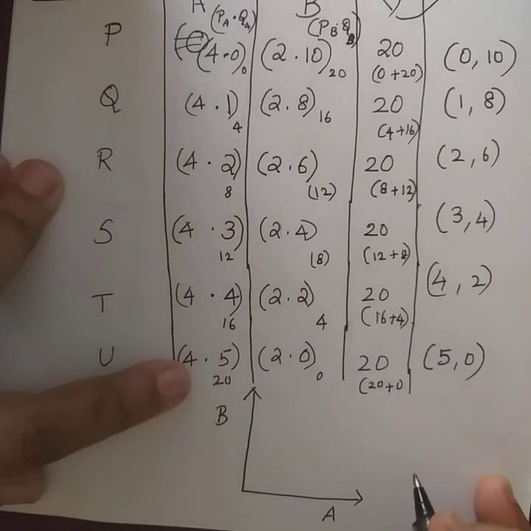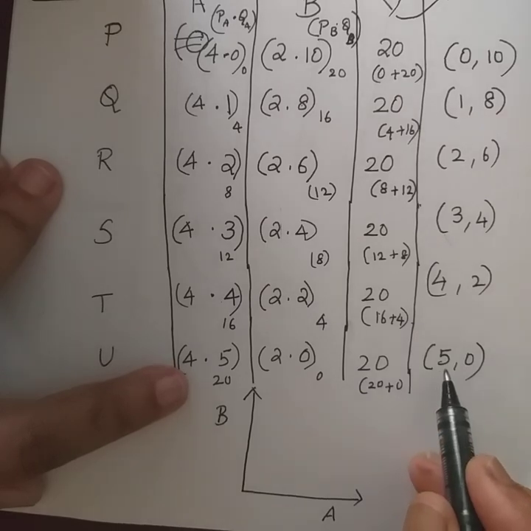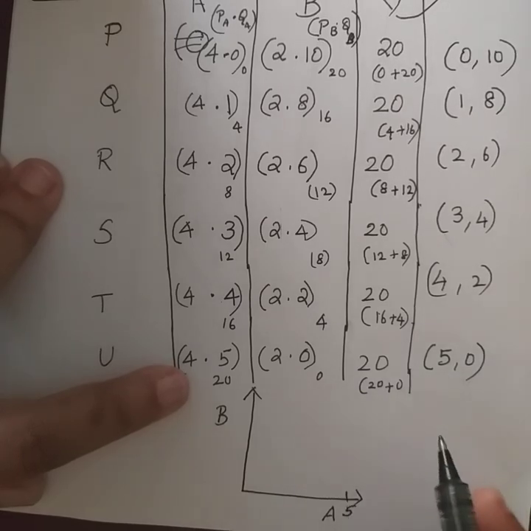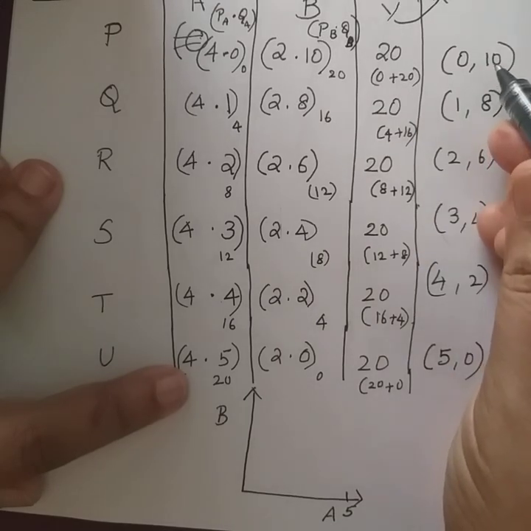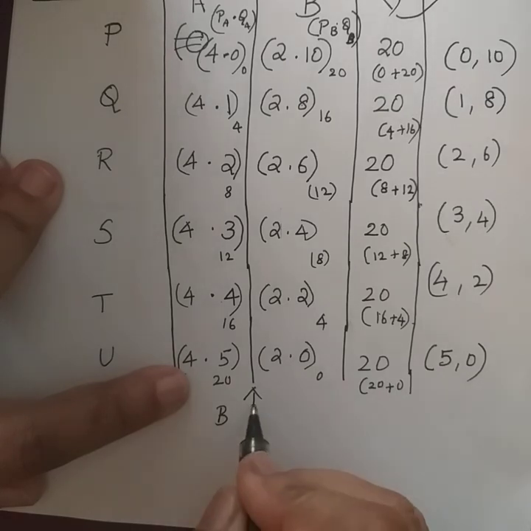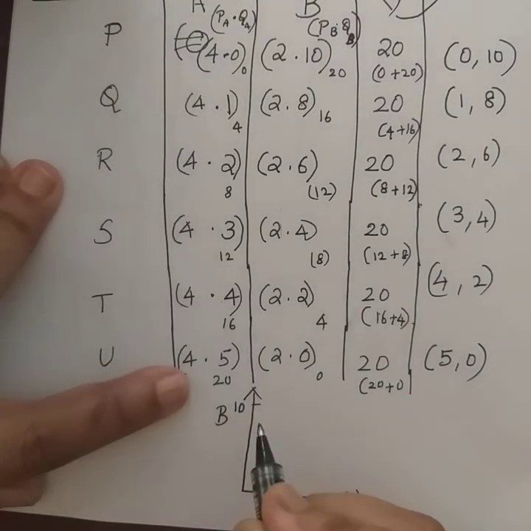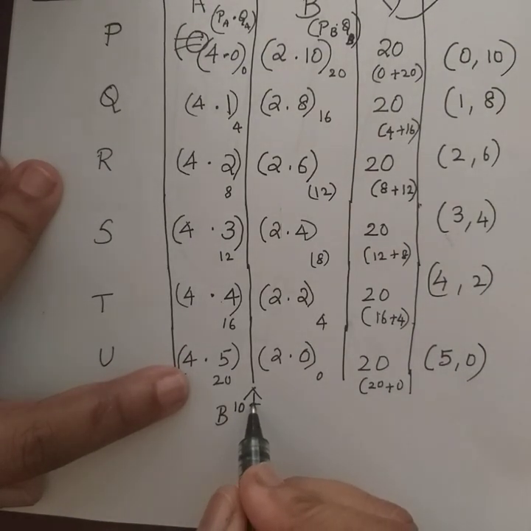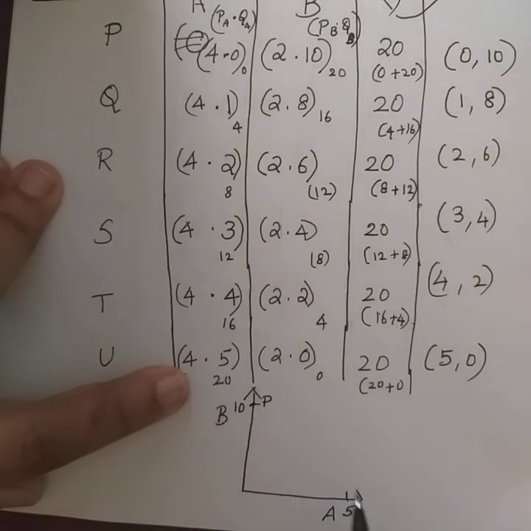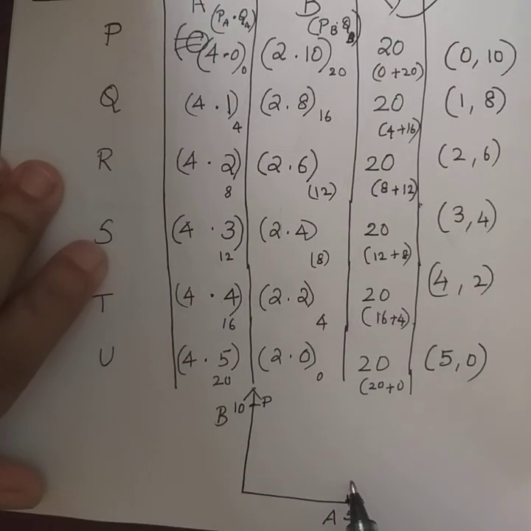The maximum number of apples is 5, so let us say this is 5. And the maximum number of bananas is 10, so let us say this is 10. This is combination P, and this is combination U.